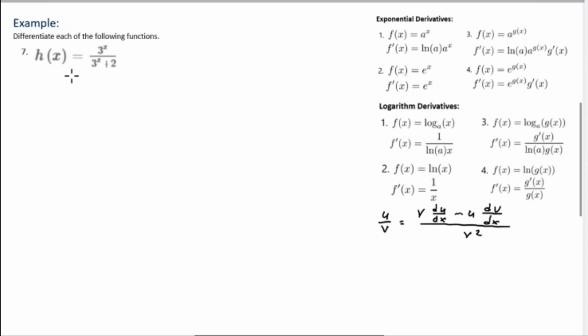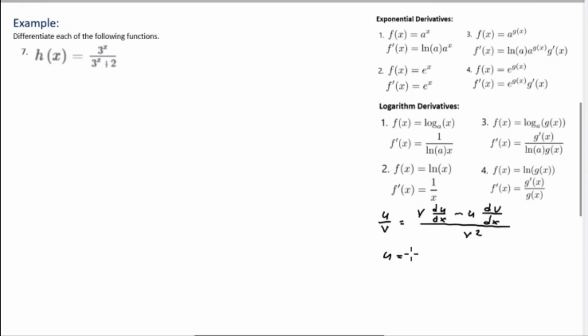Example number 7. The function h of x is equal to 3 to the x all over 3 to the x plus 2. So we have a numerator and denominator, so we'll be using the quotient rule with the same formula. And we identify what is u.